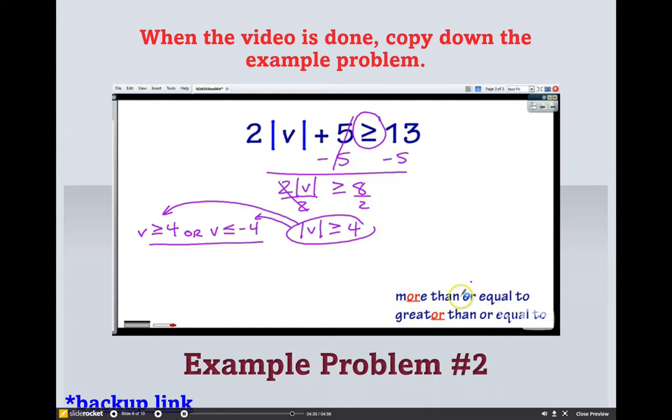So something one of my students came up with a couple years back was to think of it as more than or equal to, where it's an or statement. Or another way to think about it is greater than or equal to. Kind of a silly way to remember it, but at the same time, sometimes the silly ways kind of just stick in our head. So this is how we take our inequality with absolute value, solve it to figure out what compound inequality it represents.